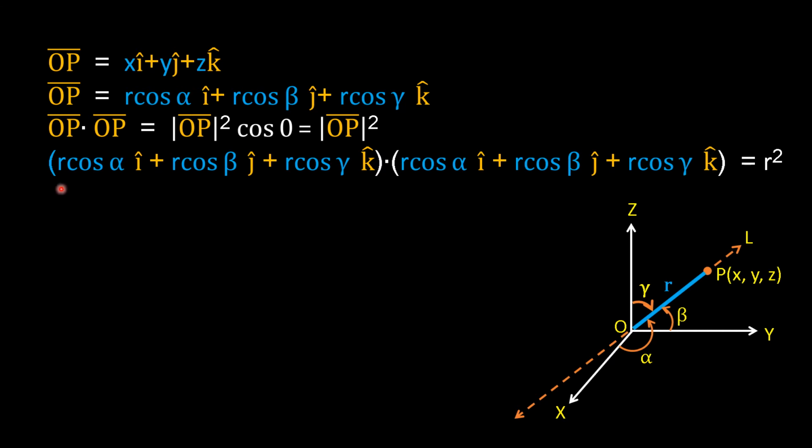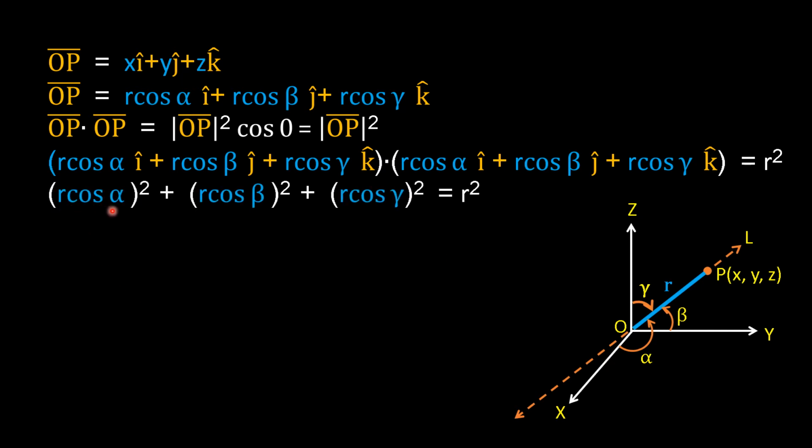Now the dot product of OP bar and OP bar will be R cos alpha whole square plus R cos beta whole square plus R cos gamma whole square, which will be R square. So that will be R square cos square alpha plus R square cos square beta plus R square cos square gamma equals R square.